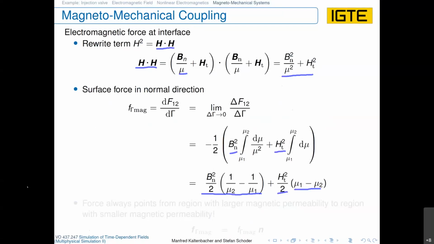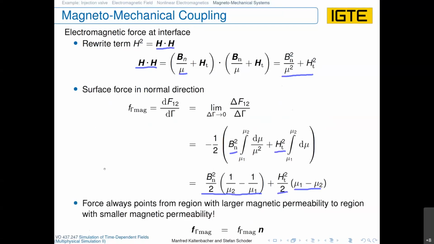Yeah, and we also have here a rule of thumb, and that is the force is always pointing in such a direction that it tries to make the space where you have a lower magnetic permeability smaller, which means it points from the region with larger magnetic permeability to the region with smaller magnetic permeability. And that's also why in our case for the lifting magnet, the moving part is moving towards the iron core.